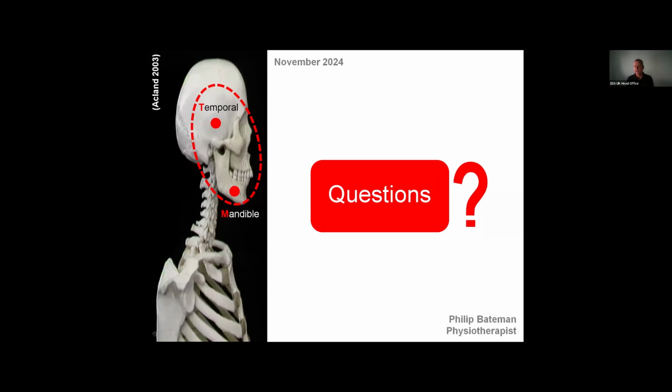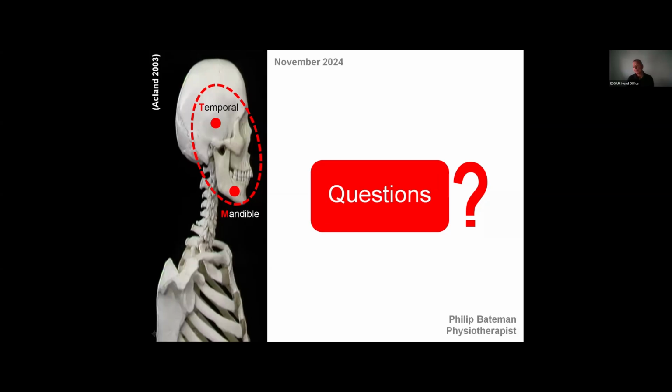Okay, so I know from my own clinical experience, and also from the literature, that I would expect over half of my patients to come in with ear type symptoms. Now, if somebody's got ear symptoms, we want them to be screened for local ear problems.